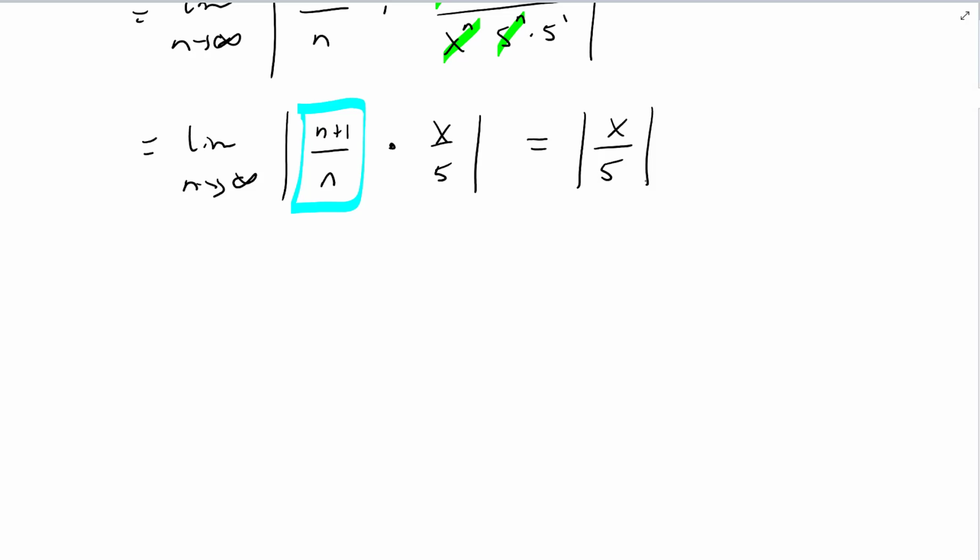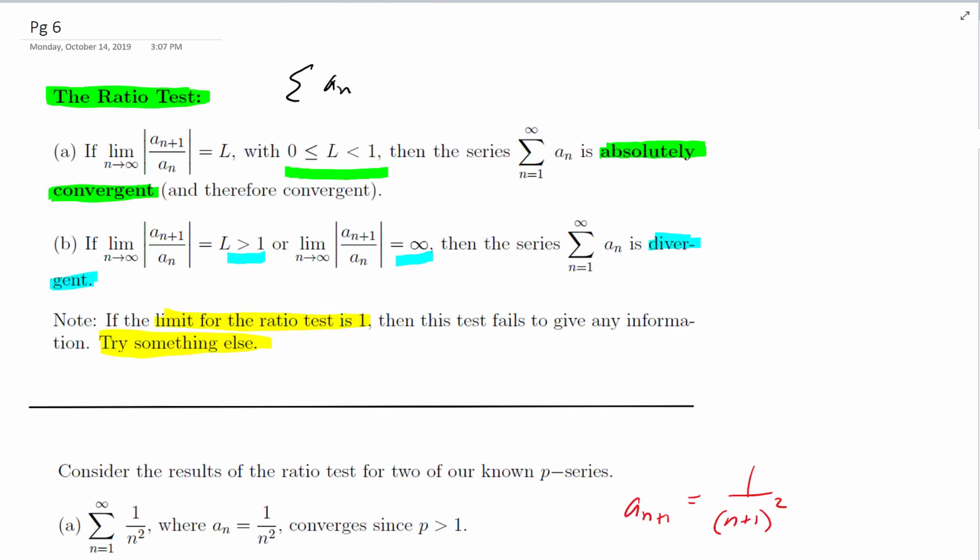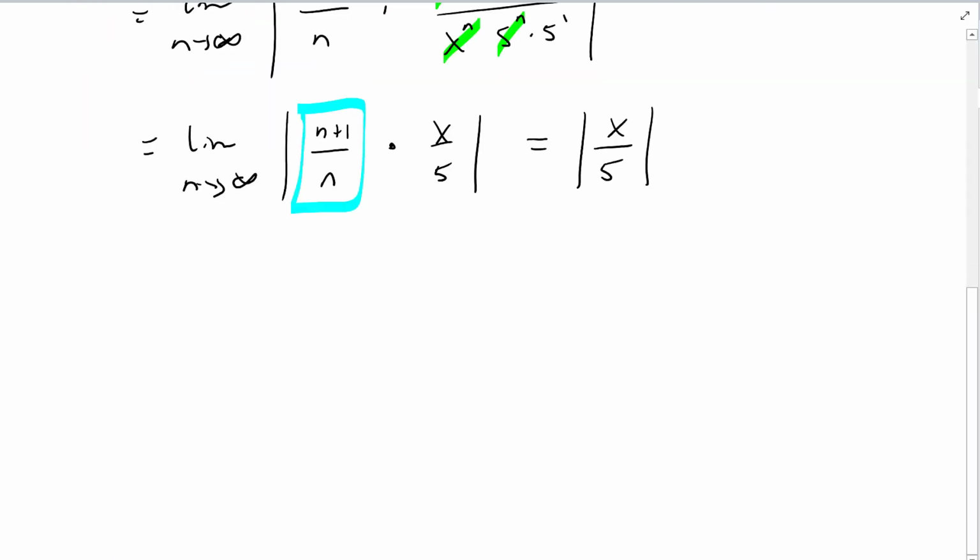And now we go back and think about, well, what do I know about the ratio test? So the ratio test tells me that this will converge as long as I get an L value that is less than 1. We know it's going to be bigger than or equal to 0 because we have absolute values here. But if I get an L value that is less than 1, I get the convergence.